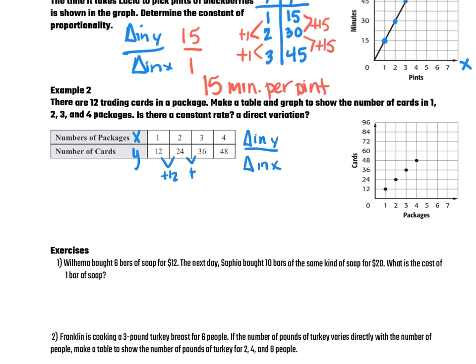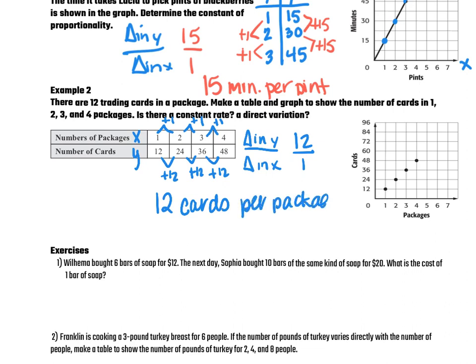The difference here is 12. And the difference here is 12. And then this is 1, 1, 1. So the change in Y over the change in X is going to have 12 cards per package. Okay. So when we break that down, that's a constant. It's going to have a constant rate.